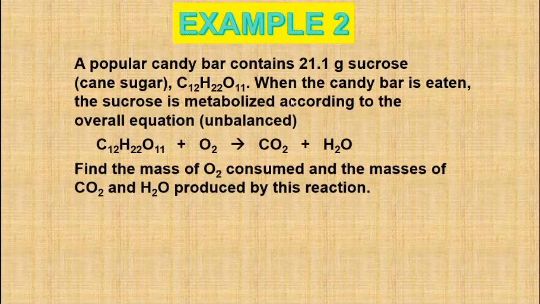When this candy bar is eaten, the sucrose is metabolized according to the given equation here. Do keep in mind, this given equation is unbalanced. The question is: find the mass of oxygen consumed and the masses of carbon dioxide and water produced by this reaction.